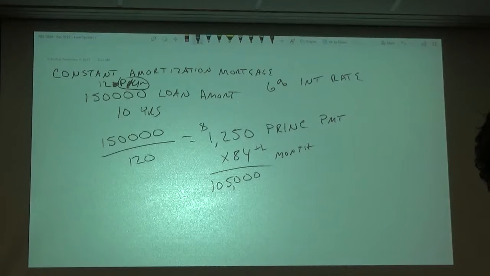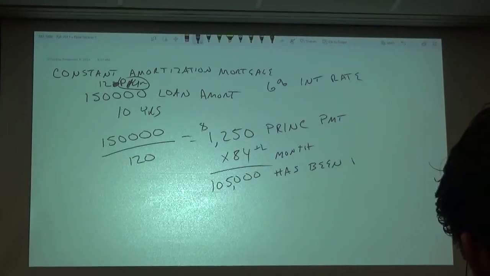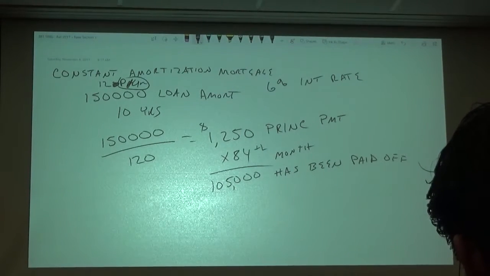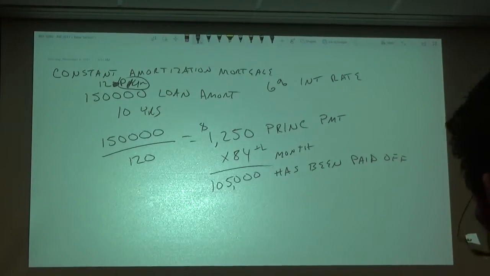Is everybody with me on that? Yes or no? Yes. Okay, so that is how much has been paid. $105,000 has been paid off. Okay? Now, what does that mean our balance is for that month?